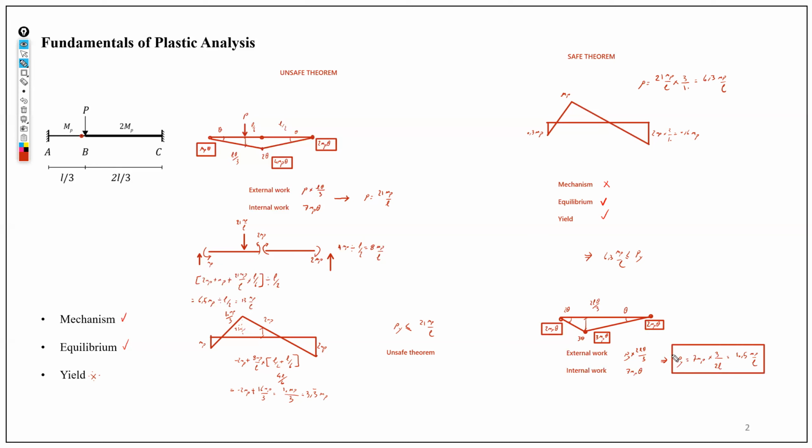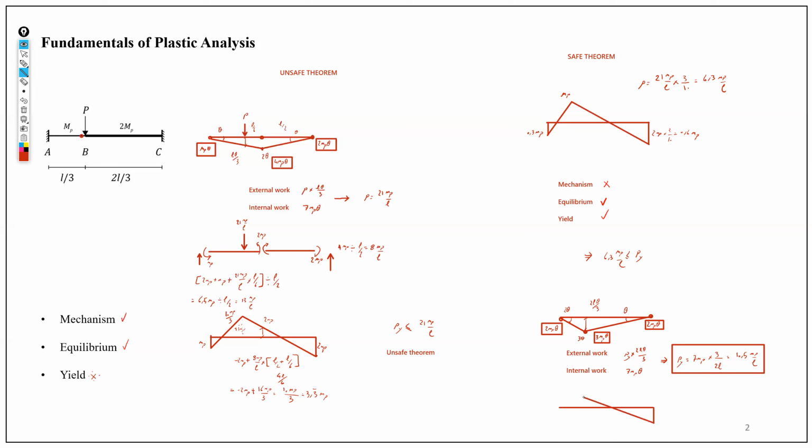As you can see here, this is somehow satisfying what we found from the unsafe and safe theorem. If we find the internal actions and the moment, it will be almost a similar thing. It's not very hard. Then here it will be 2 MP negative, it goes up.